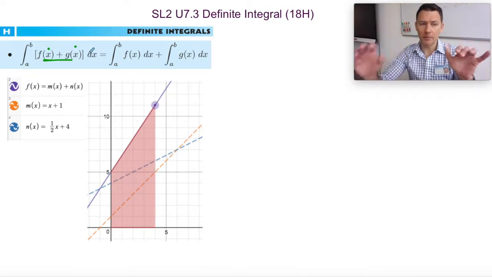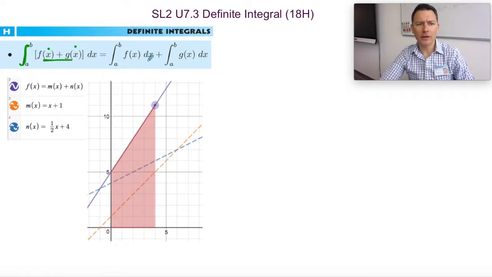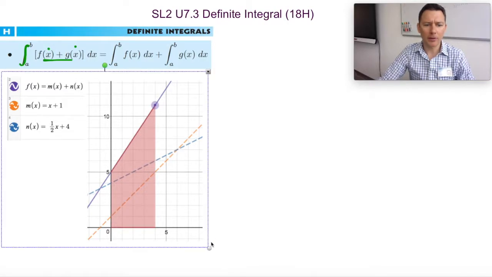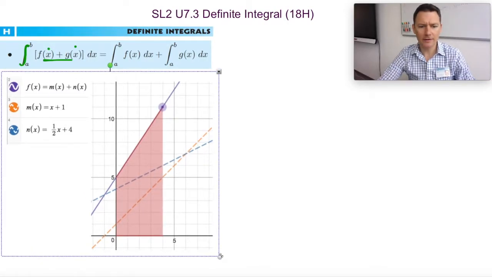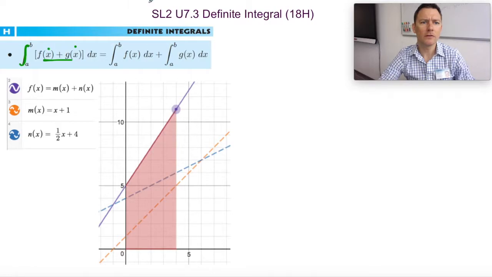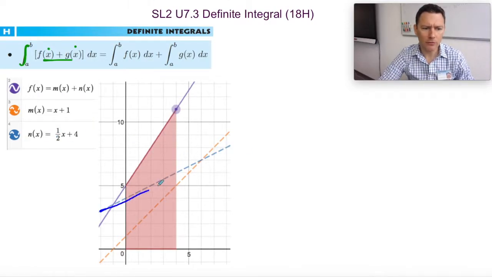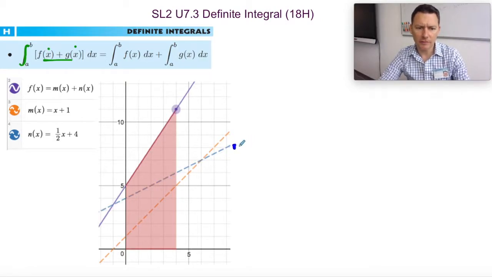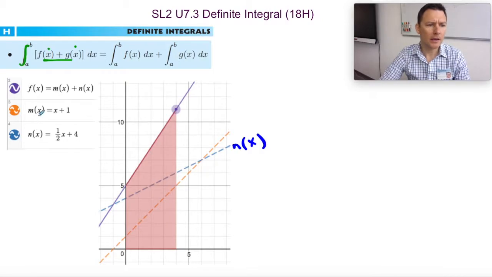All right, and for the last piece of this, you'll often see an addition of functions inside. You can kind of piece them apart in your head and think about them as 2 different functions. If you're integrating, you can integrate the first component and add it to the integration of the second component, the function. And this is kind of how I think about that. You got 2 functions, and this function is n. It's this blue line. So this is n of x, and this is m of x.